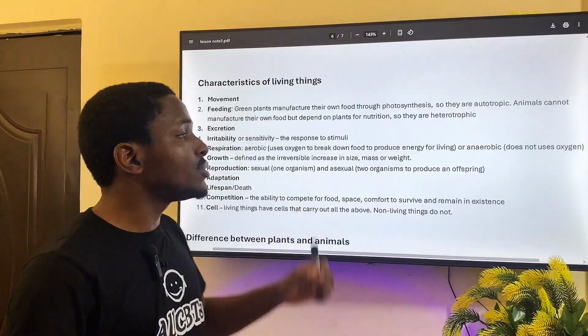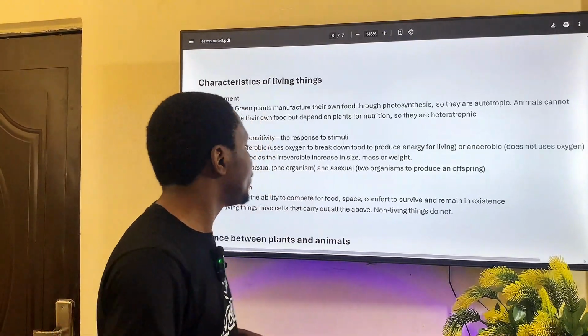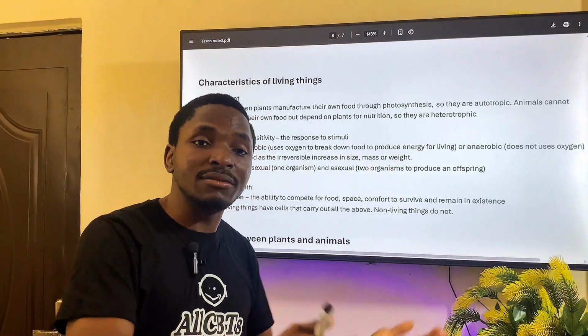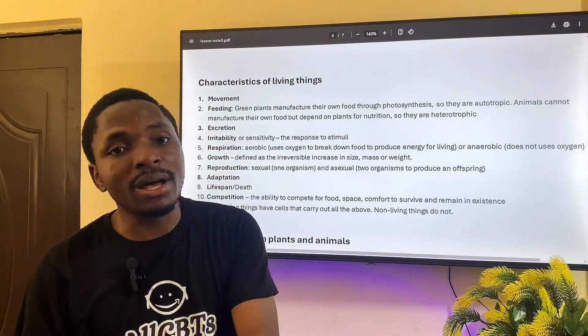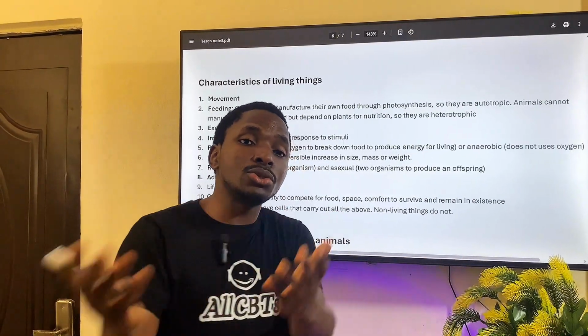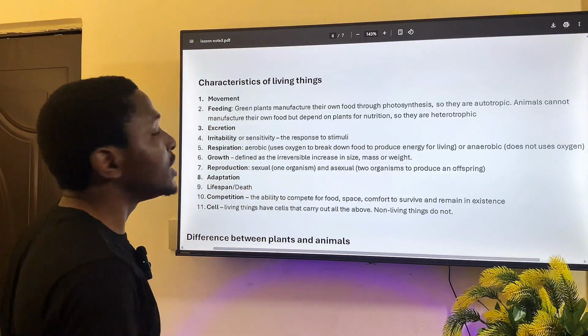And then we have asexual, that involves one organism. In the case of human beings, a male and a female must come together, or sperm and ovary and eggs must come together to produce an offspring. So that is sexual reproduction.